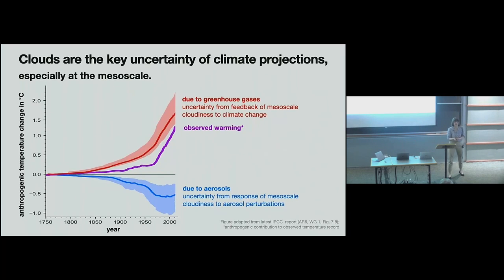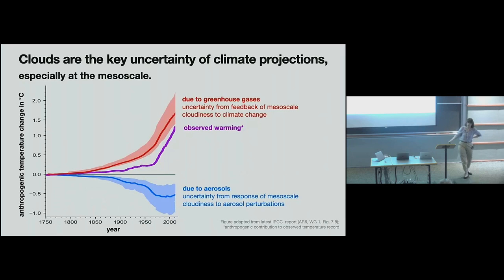I think this morning Anna already showed a future projection. I have here the anthropogenic temperature change since pre-industrial in purple. This comes about on the one hand due to greenhouse gas warming and is partially compensated by cooling effects from anthropogenic aerosols. The ranges show the uncertainties that are associated with these two forcings, the aerosol forcing and the greenhouse gas forcing.